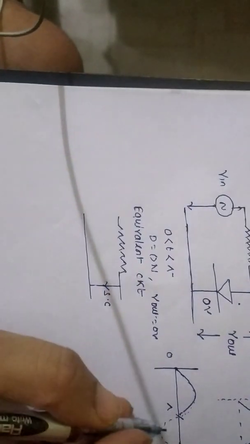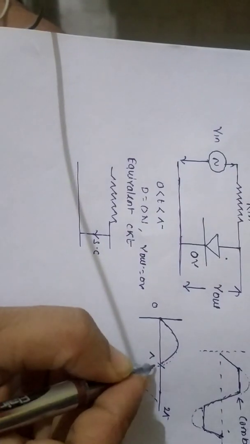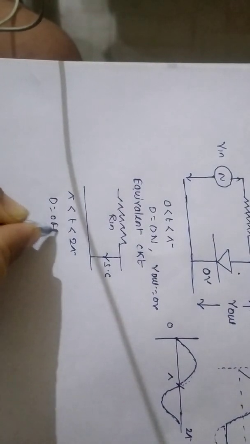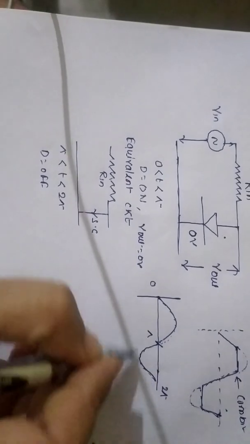If you go to the second condition, from pi to 2 pi, in the pi to 2 pi interval your diode is off, because within this time interval the input voltage is less than 0 volt.